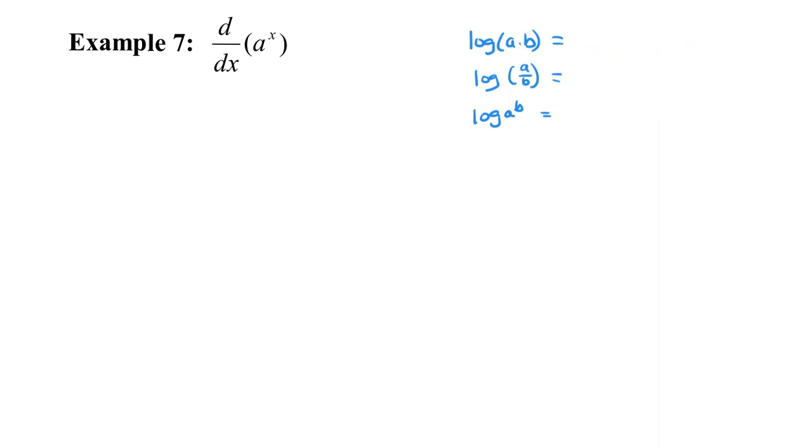Log of A over B is equal to the log of A minus the log of B. So we're simplifying operations. And then this last one, instead of exponentiation, we can multiply. So this B comes down. It's equal to B times the log of A.